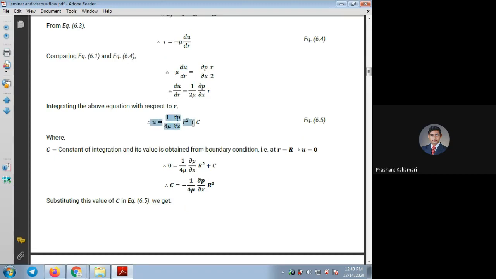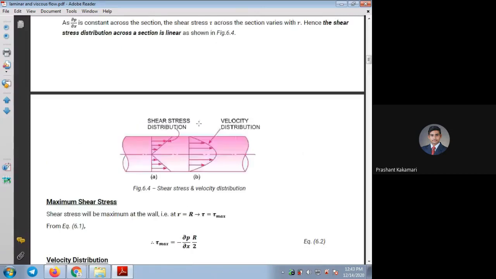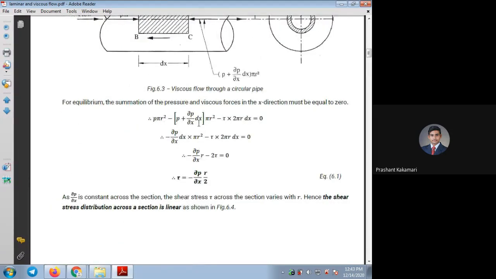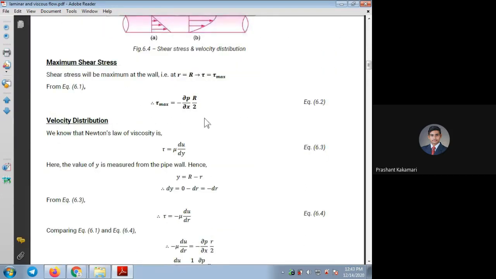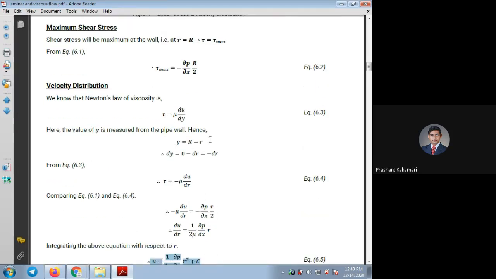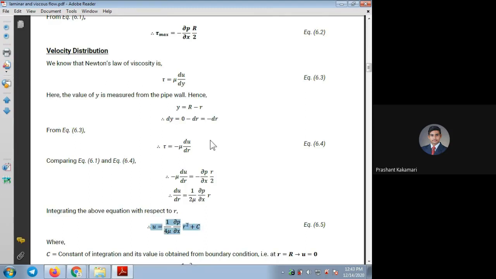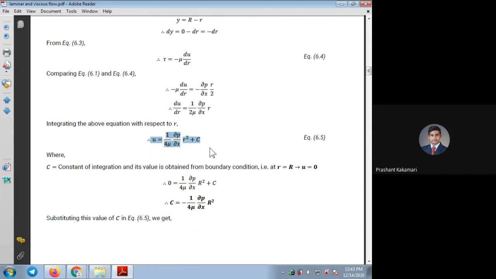You can note this equation of velocity distribution. Until now, we saw the shear force distribution in small radius r, with maximum value at full R, and also the velocity distribution, that is the equation for u in the pipe.